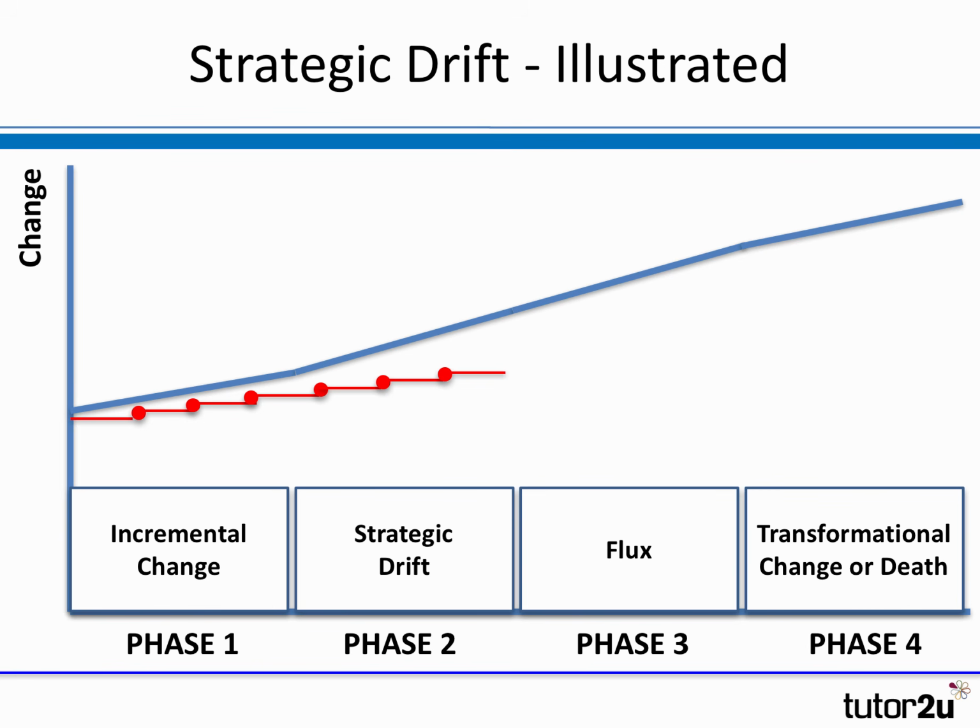Then it gets to the third phase called flux, where it's spotted that there is an issue, that it's out of touch with the external environment, and it fluctuates, the process of flux, trying to respond in some way, first one way, then another, but still not quite closing the gap between where it needs to be, which is on the blue line.